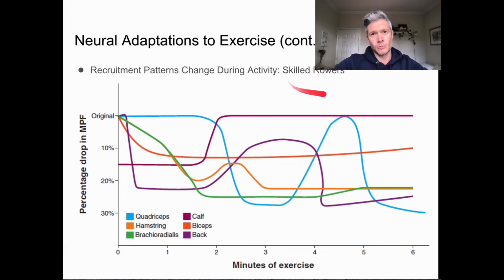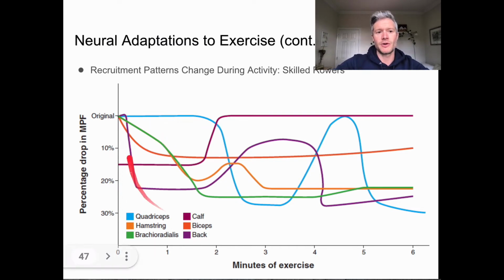Now, rowing is a pretty full body exercise, to say the least. So when you're performing that skill, what we'll find in endurance trained individuals, in particular a very skill and specifically trained rowing individual, is they might have a very similar start to our power-based individuals, but what they'll be able to do is change their recruitment patterns of muscles.